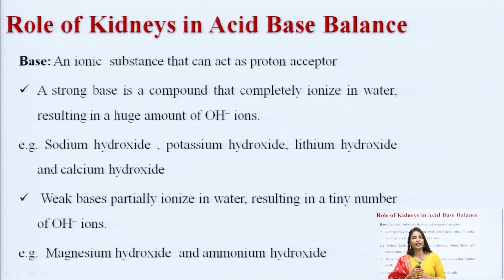So what are examples of strong bases? Sodium hydroxide, potassium hydroxide, calcium hydroxide, all these are strong bases. And what about the weak bases? Magnesium hydroxide and ammonium hydroxide, because these are partially ionized in water to produce hydroxide ions.